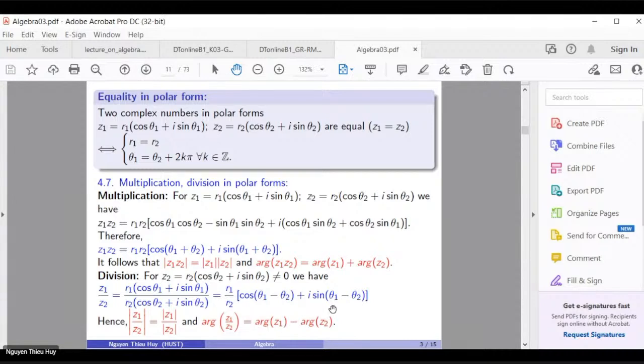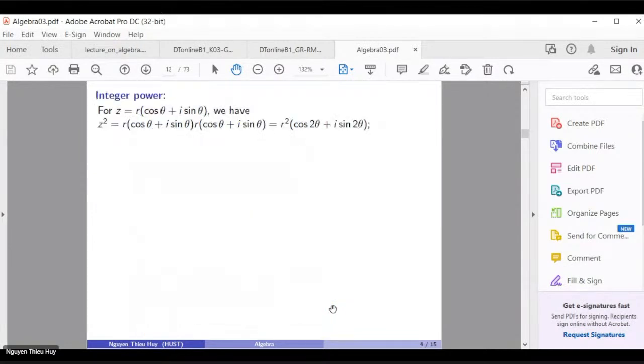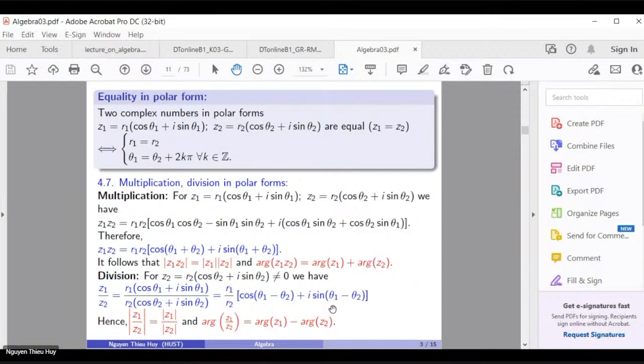Good. We will apply that result to our problem of power. So we start with integer power. You see this is very easy, because pay attention to that formula here. Now if R1 equals R2, then this becomes a square. Now if theta 1 equals theta 2, then you obtain 2 theta 1.